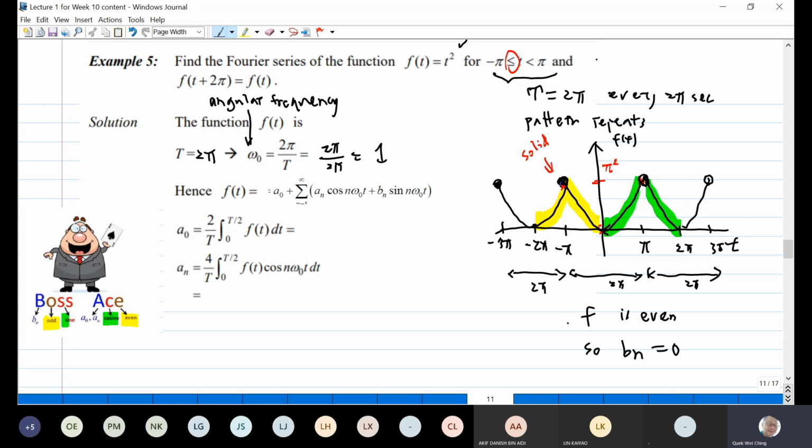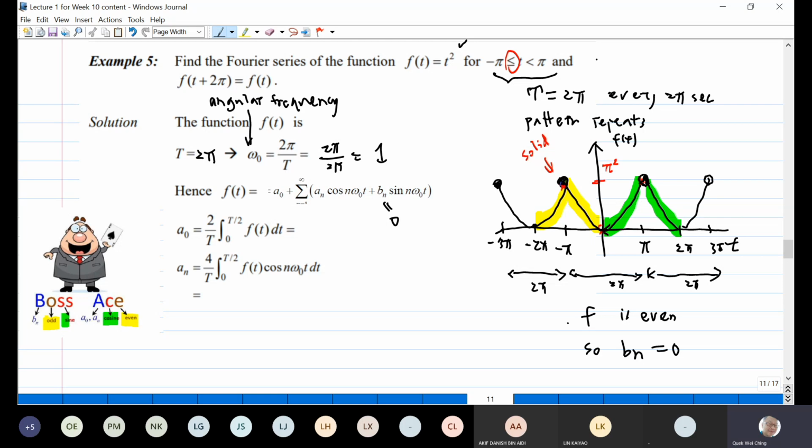When you do the calculation, you only need to calculate A0 and An. You don't need to calculate Bn now. Bn is equal to 0. Automatically, because this is an even function, Bn equals 0.